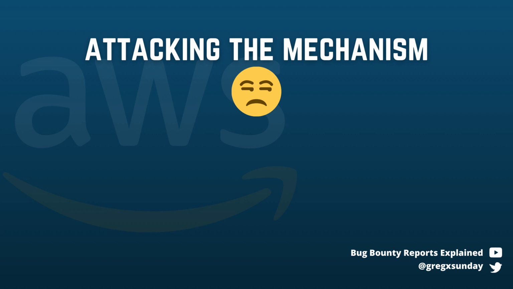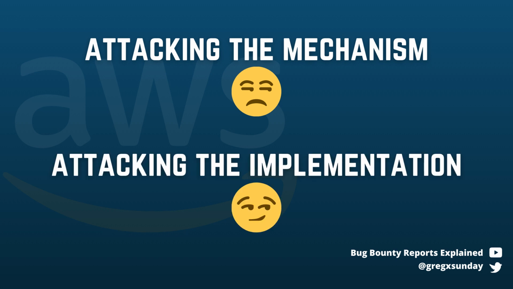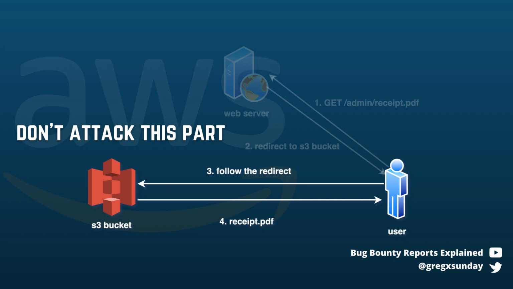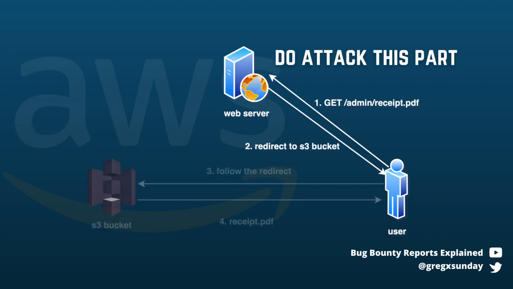We need to find another way to hack this mechanism. With such things, it's usually better to not look for a vulnerability in AWS mechanism, but in its implementations by developers. We know that we won't break SHA-256, but what if we would just ask the server to create a link to a different file?